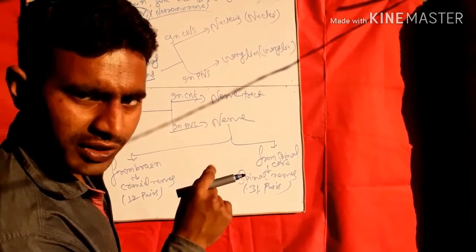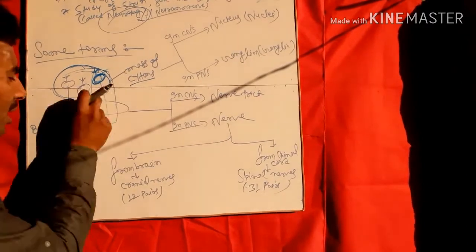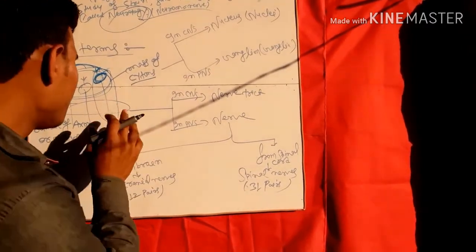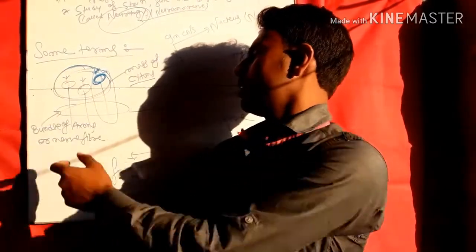A group of axons is called a bundle of axons or nerve fiber.